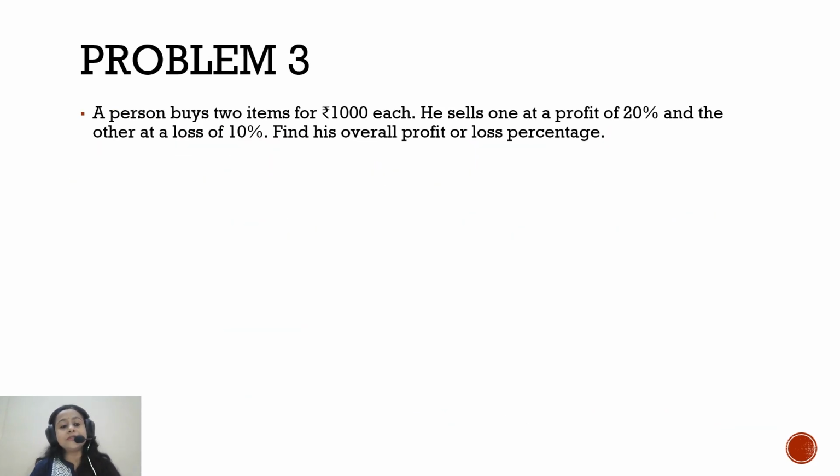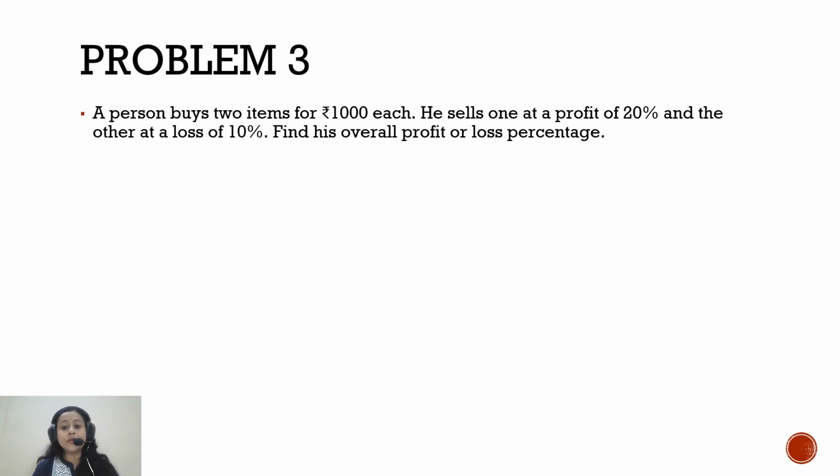The next problem is a two product problem. A person buys two items for 1,000 each. So obviously the cost price for each item is 1,000.